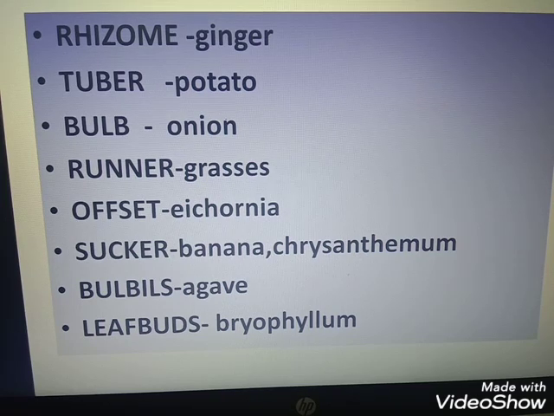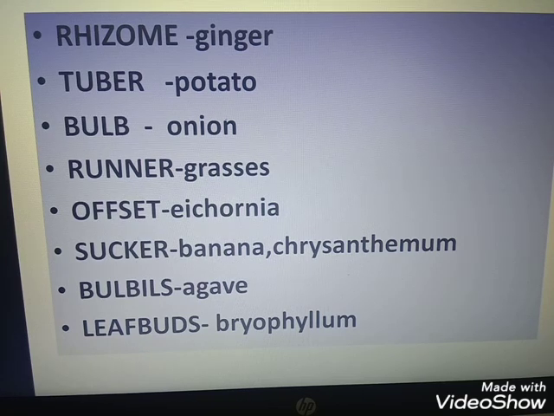And in the case of sucker, new organisms originate from the base of the basal stem of the parental body. Examples for the sucker type are chrysanthemum, banana and pineapple. In the case of bulbils, they are not forming flowers. Aerial vegetative buds are forming. They develop as an inflorescence axis. The detachment of these bulbils results in new plants.